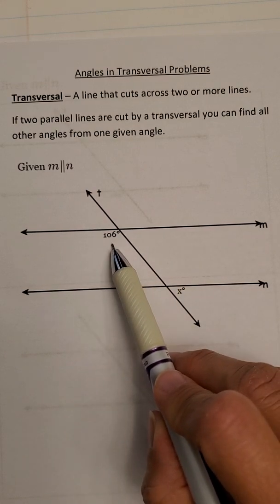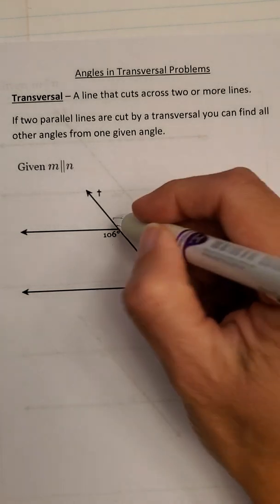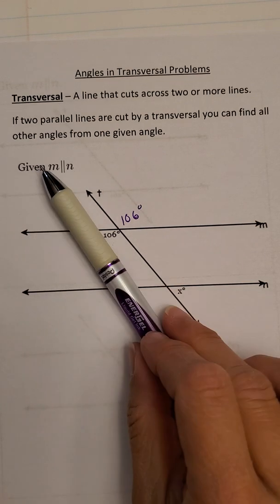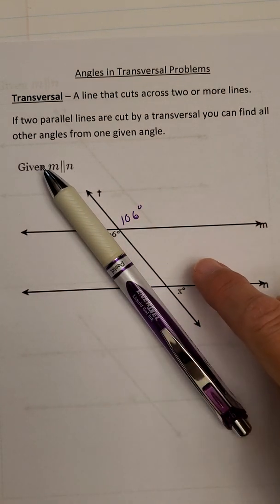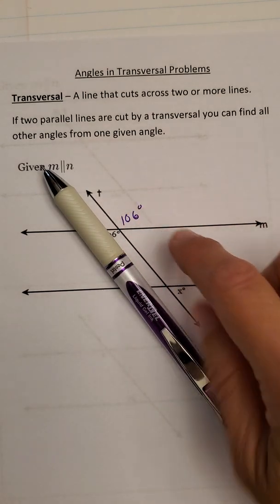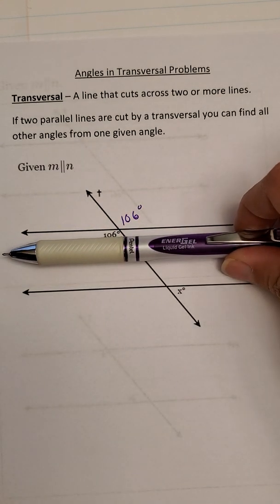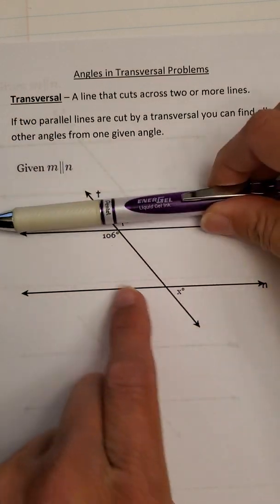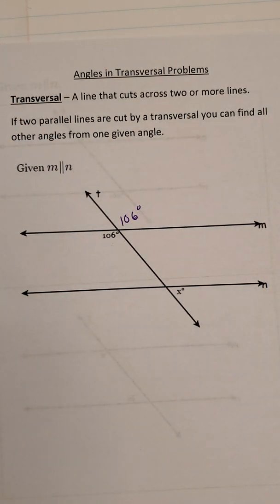If this is 106 degrees, and this is a vertical angle, then we know that this also has to be 106 degrees. But you'll see that right there is a line. That means these two angles are supplementary. So we have a bunch of supplementary angles.